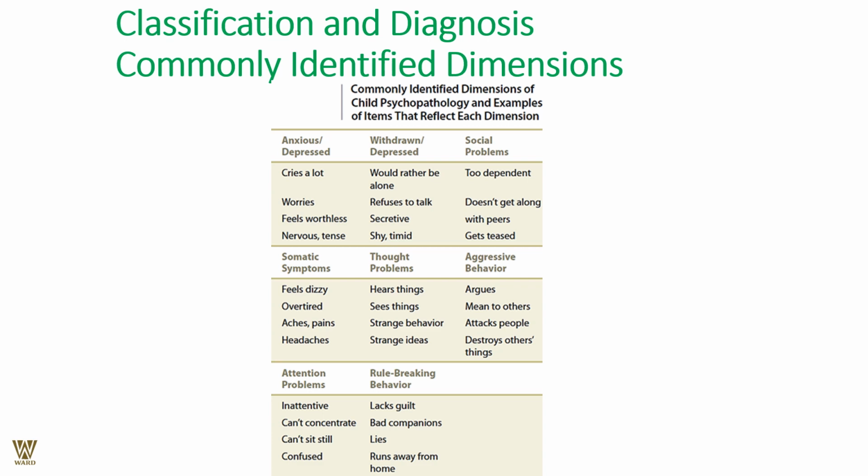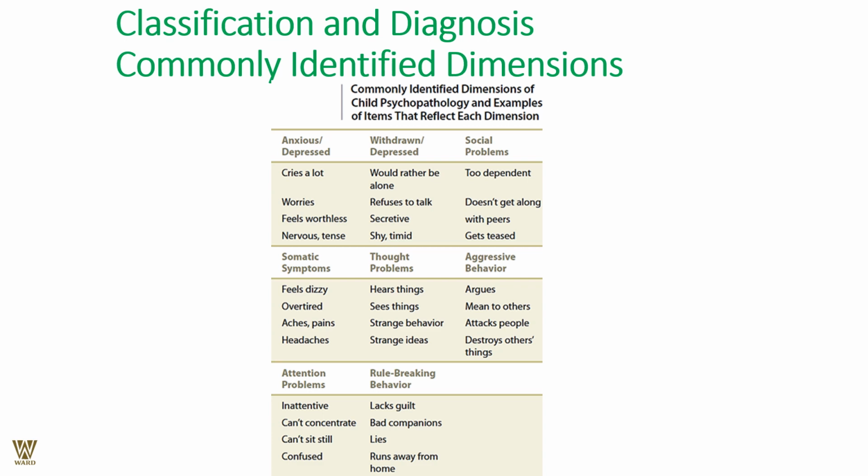They are either too dependent, don't get along with peers, or get teased. Now these are commonly identified dimensions for depression. Let's look into other things. Somatic symptoms are feeling dizzy, always overtired, or having pains or headaches. Thought problems: hearing things, seeing things, strange behaviors, strange ideas, as the case might be.